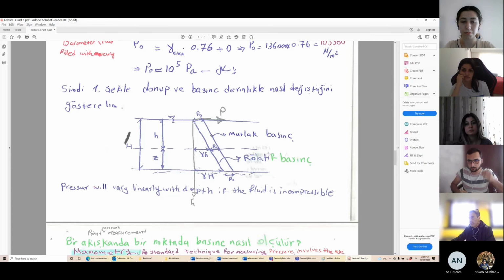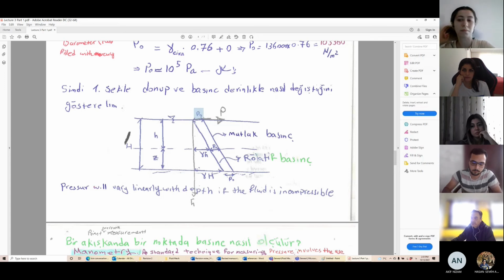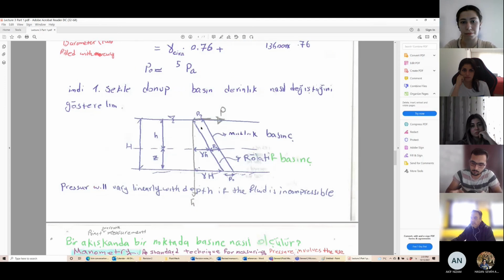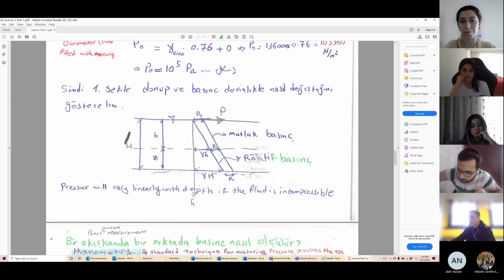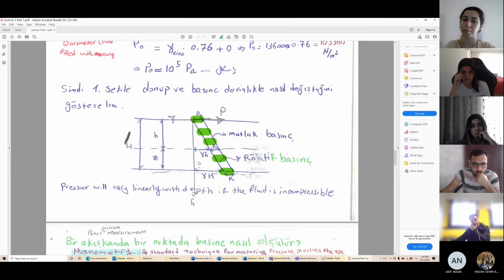And if you add the constant value of atmospheric pressure, we said that this is P0, okay? If you add P0 at any point, for example, from here to here represents P0, if you add P0 for this point, or this point, another linear line can show the absolute pressure.